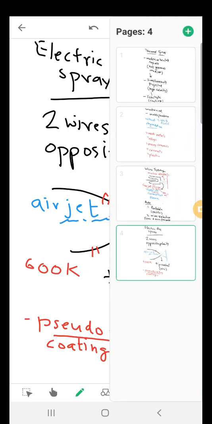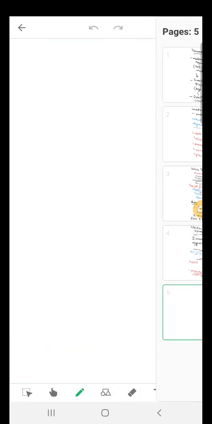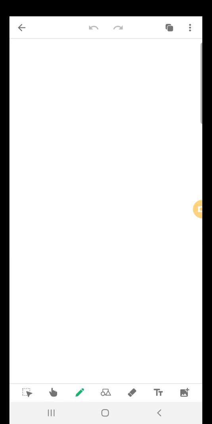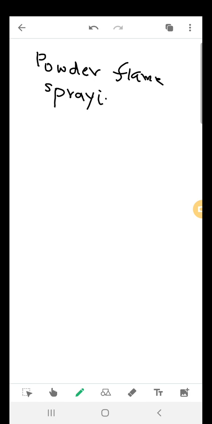Another type of thermal spray is known as powder flame spraying. So you give the feed in terms of powder.